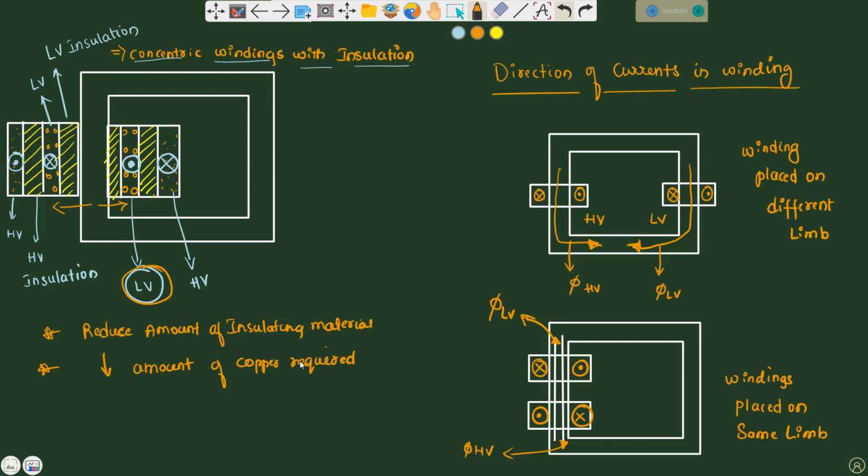Copper required and insulating material are reduced, which helps from the cost perspective and size also. So overall cost reduces by considering the above terms. It also reduces the leakage flux in the transformer.